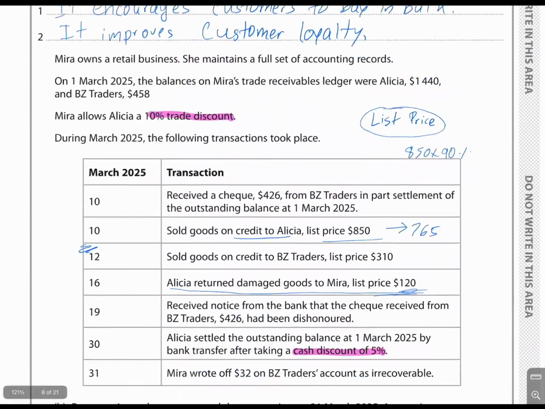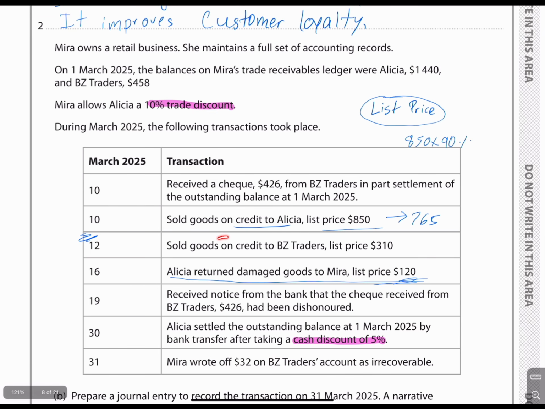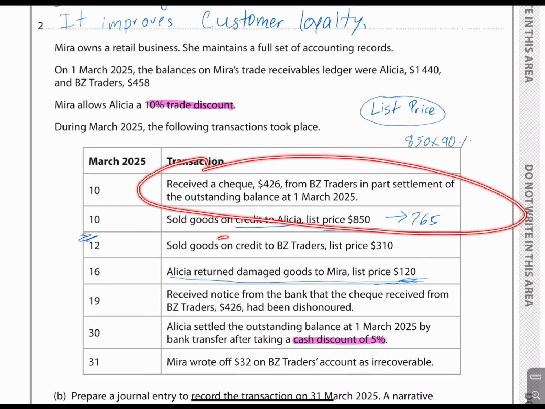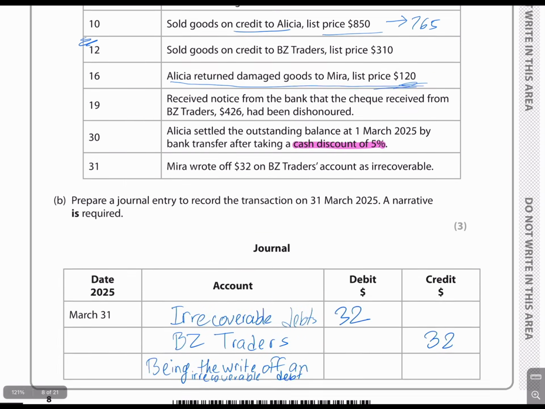Now what are the informations we have got here? Received a check 426 from BZ Traders in part settlement of the outstanding balance at 1 March 2025. So it's a part payment of that balance. So we just write it. How much amount was received? 426 by check.